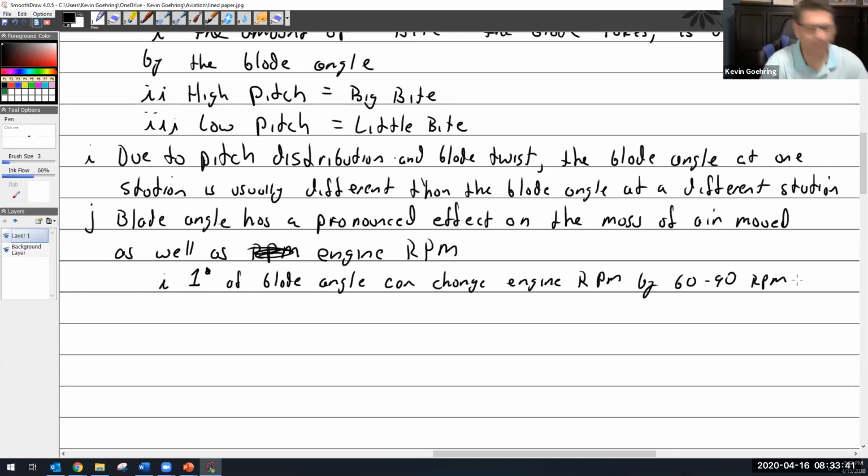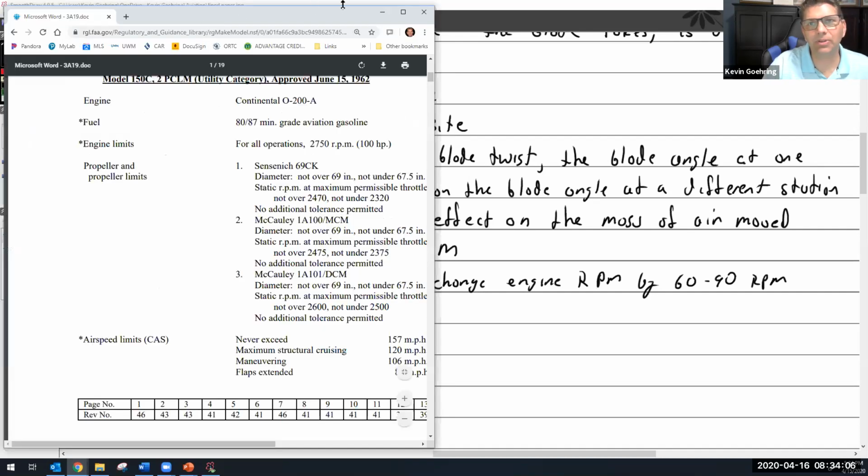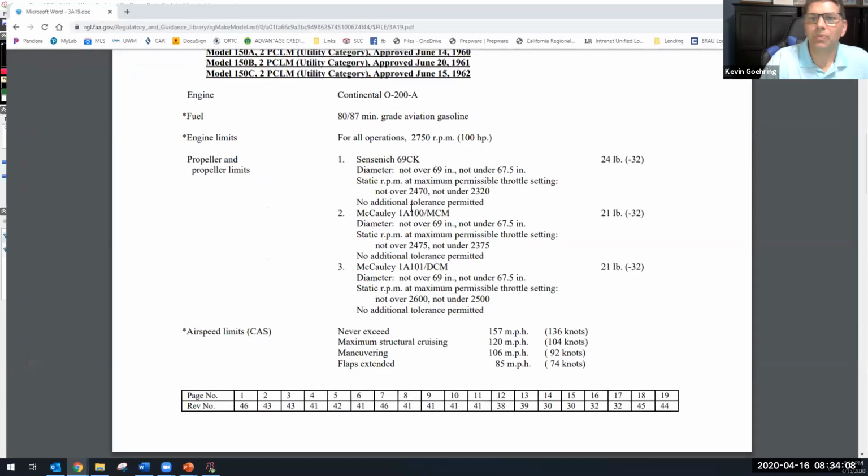All right, 60 to 90 RPM. Yes, one degree. So that's why I say it has a pronounced effect. So we go back to that type certificate data sheet, and this is something I was able to do with my aircraft. You guys will be able to do this at a certain point.